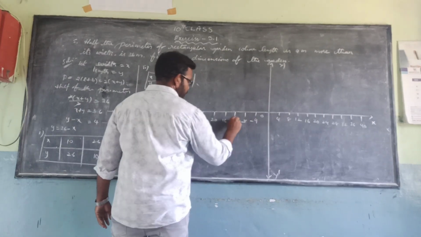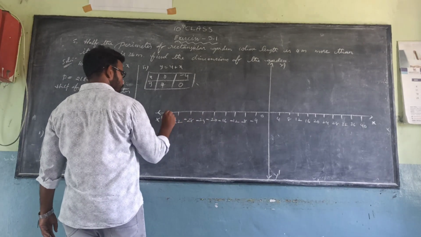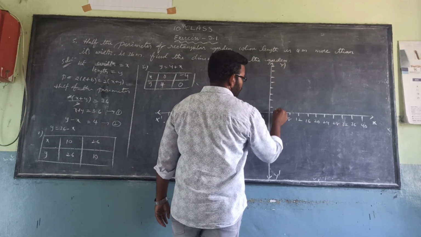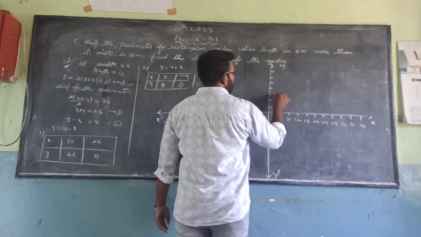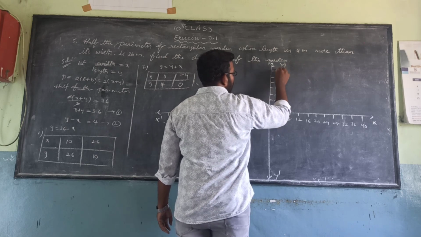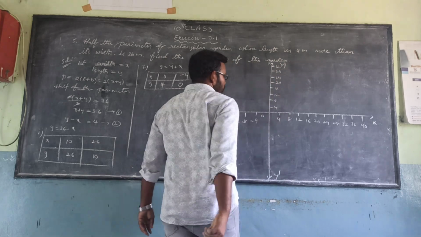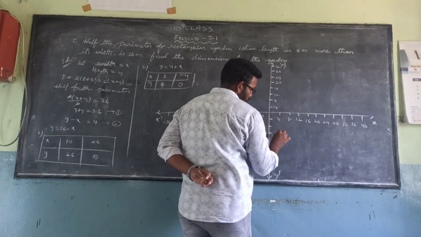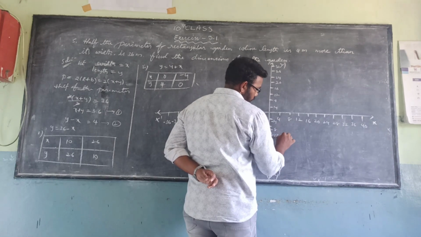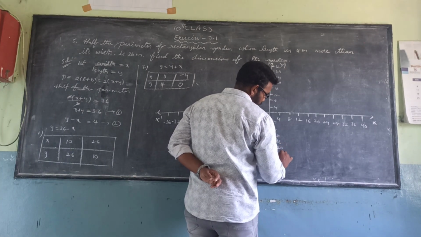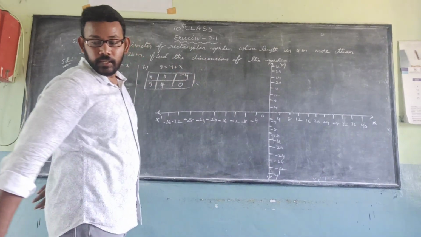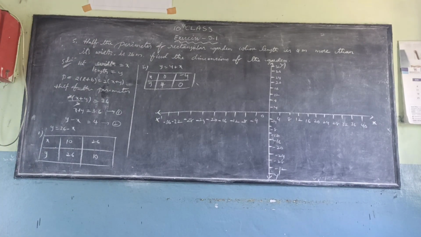These are negatives, and here also positives. Here negatives. Minus 8, minus 12, minus 16, minus 20, minus 24, minus 28, minus 32. That's it.